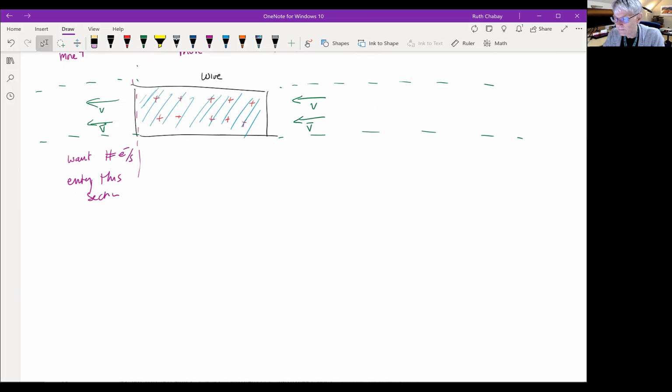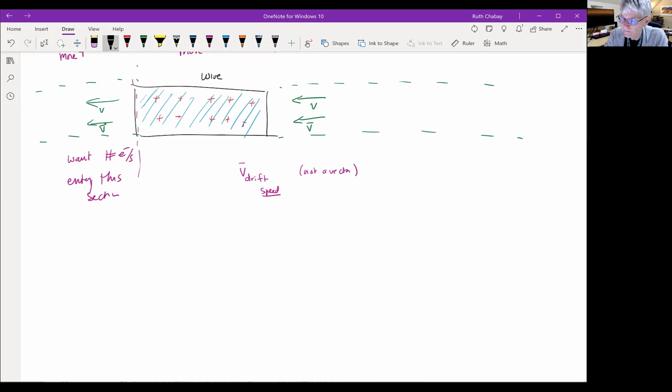So the drift speed is v drift, and it's an average drift speed. It's not a vector.